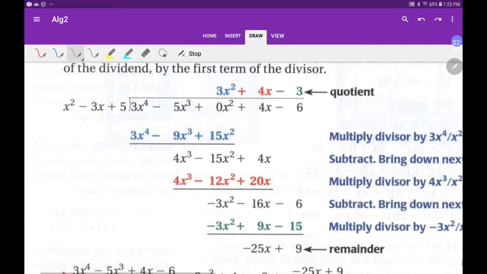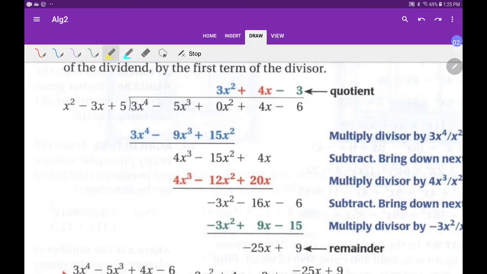And then I go down here and I do it again. And I say, what do I need to multiply this by to get this? And the answer is right there, 4x. 4x times x squared is 4x to the third. But then, of course, I also have to multiply it by that. So I get this, and I go on like I did before.